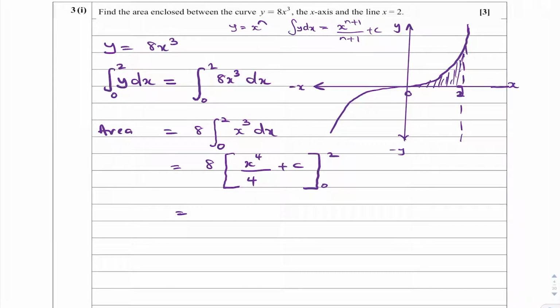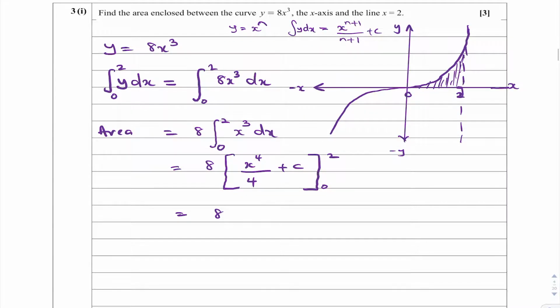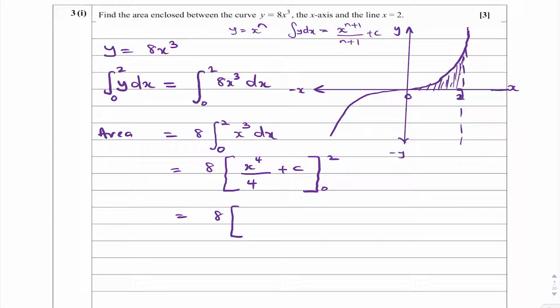So I have now got 8 into bracket 2 to the power of 4 over 4, where I've substituted 2 as the x value, plus c, minus, in a square bracket, 0 to the power of 4 over 4 plus c.